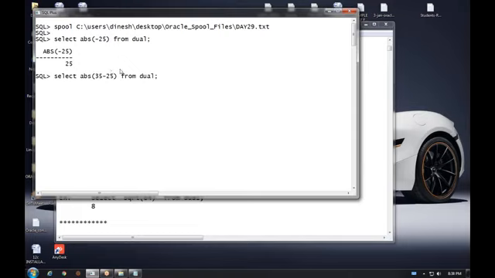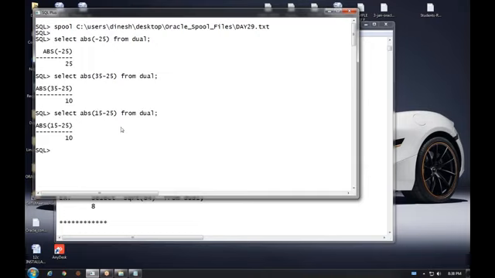What is the result? Positive value, 10. So it will display 10. In case it is 15 minus 25, then the actual result is minus 10, but it will display plus 10. The result of the expression is passed to ABS. ABS converts the value into positive.